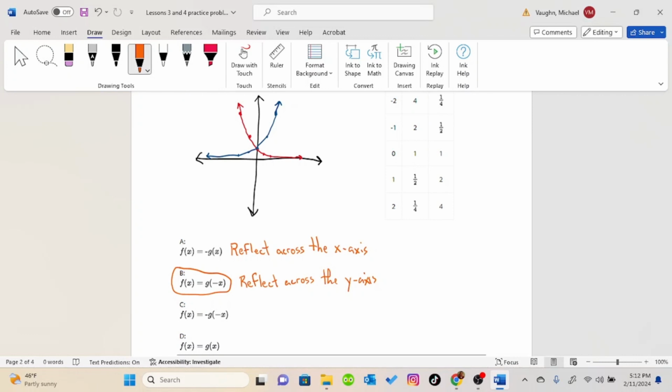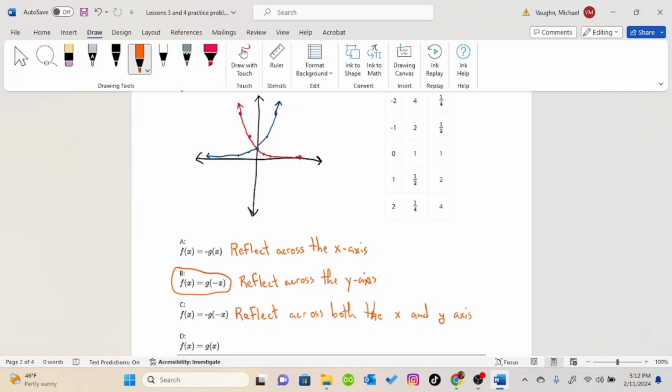Just to check, C, f of x equals negative g of negative x. This means reflect across both the x and y axis, which means we would flip it upside down and flip it around to the other side of the y-axis.